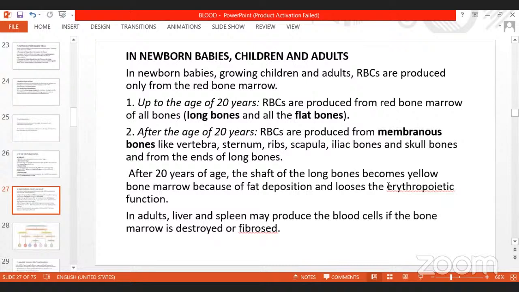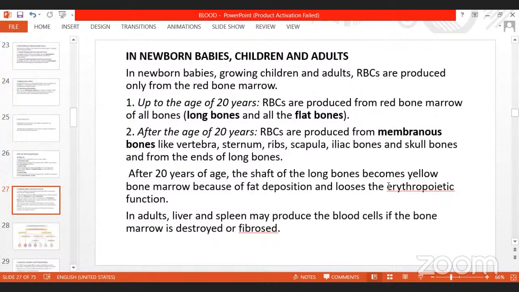The shaft of the long bones becomes yellow bone marrow because of fat deposition and loses the erythropoietic function. Once the person ages, the ends of the long bones also turn into fat deposits and are unable to produce RBC.